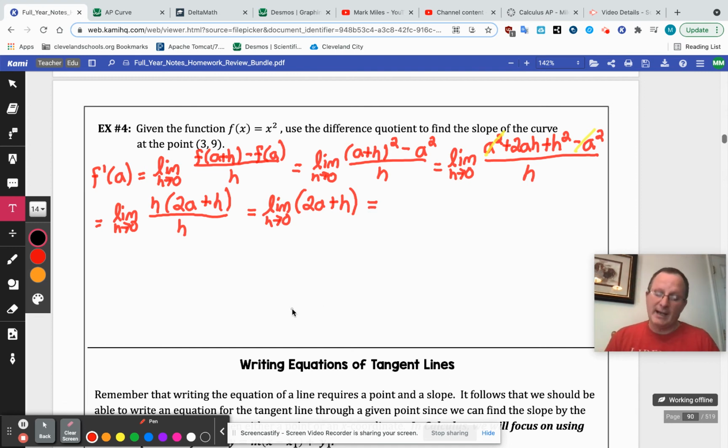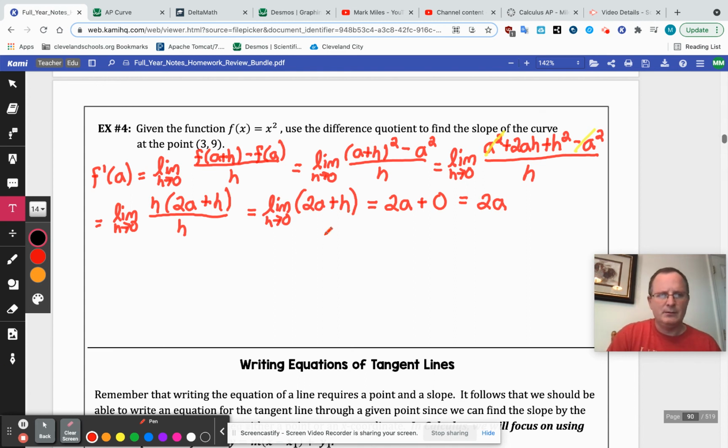And now I can evaluate this limit, because all I have to do is send h to 0. If I send h to 0, then that will become 0. Again, unnecessary step. It's 2a. So that's the deal then. Every single time you're looking for an instantaneous rate of change on x squared at a particular a value, it's going to be 2a.